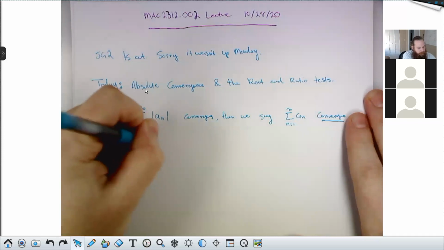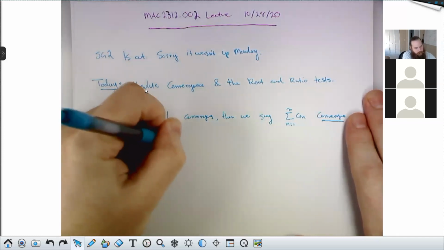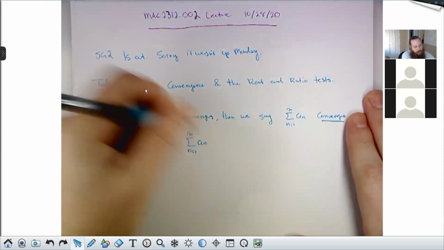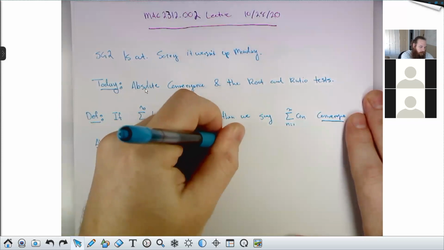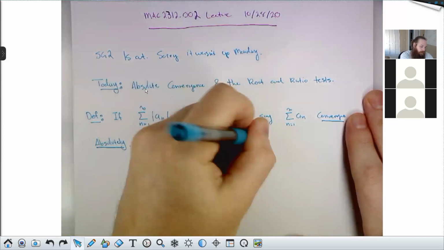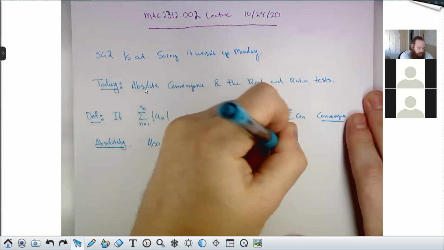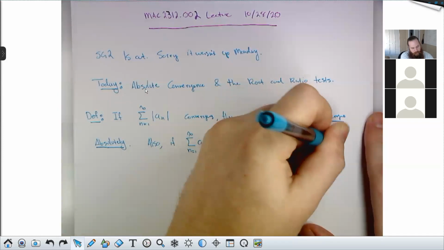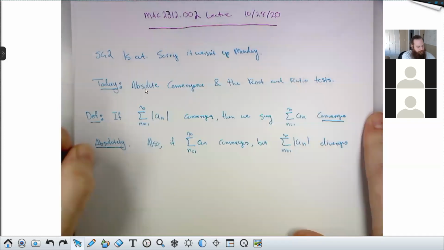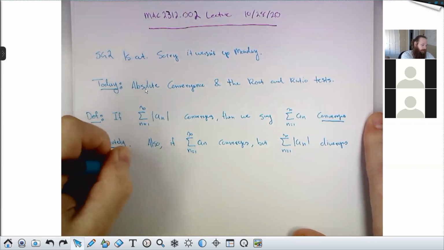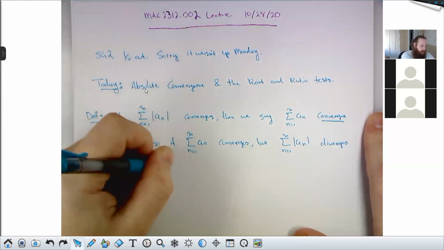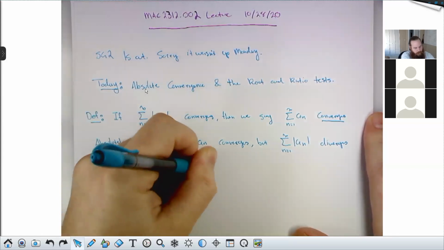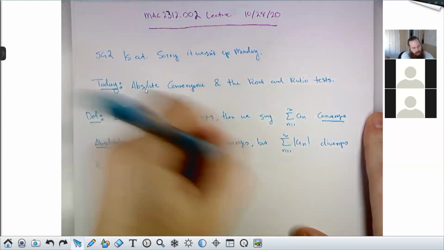Also, if the original series, and again, it doesn't have to start at 1, it could start anywhere, sigma a_n converges, but the absolute value series diverges, then we say that that original series converges conditionally.